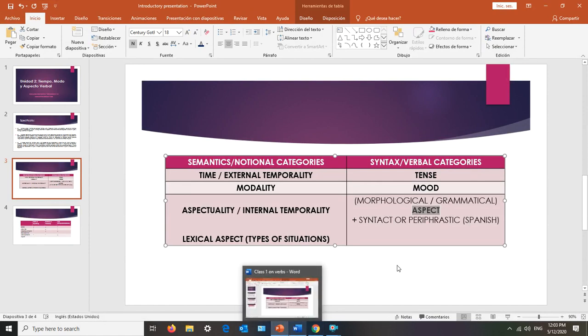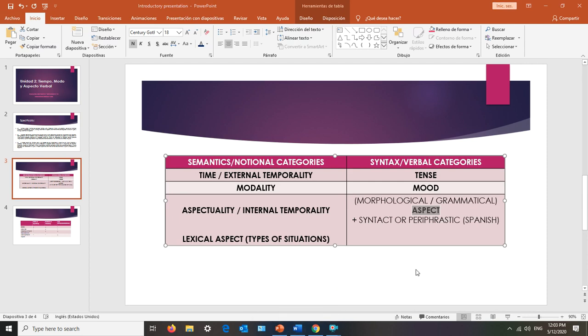So this is what we see realized in labels such as present progressive, for example. Present is giving away information in terms of the external temporality, the temporal reference of the verb.